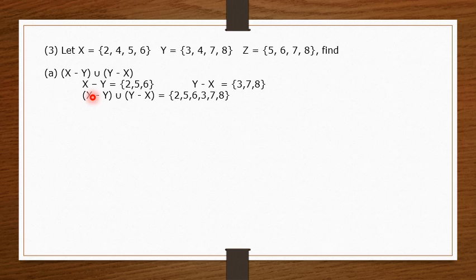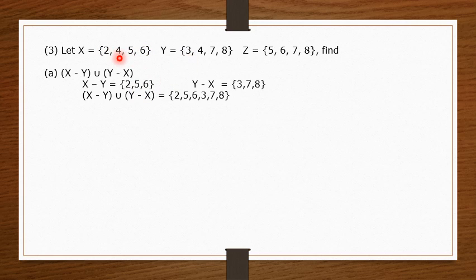X minus Y is every element in X, but we cannot write the elements which are present in Y. So 2, 4 we cannot write, 5, 6. So X minus Y consists of 2, 5, 6.